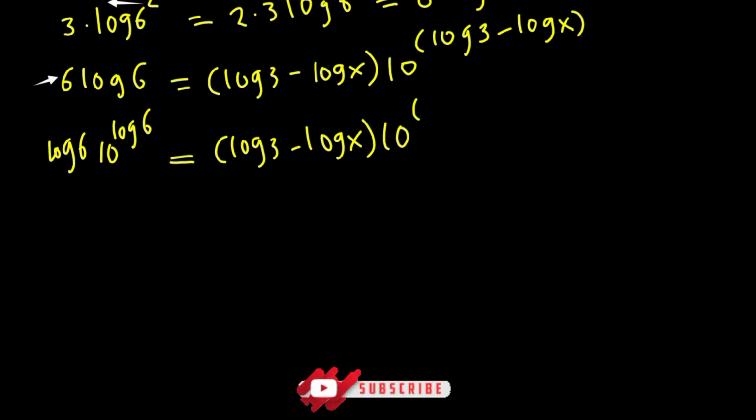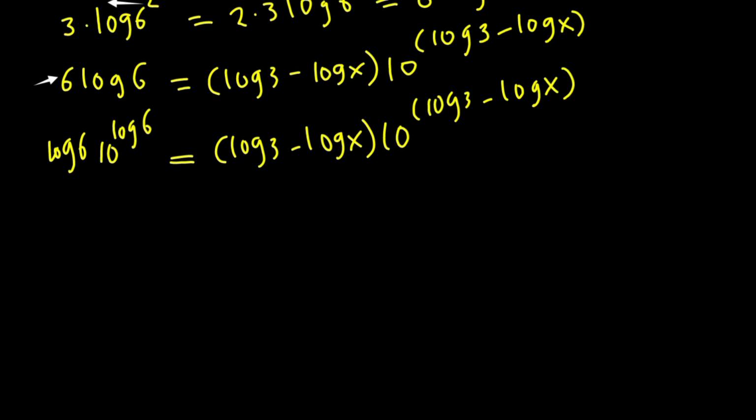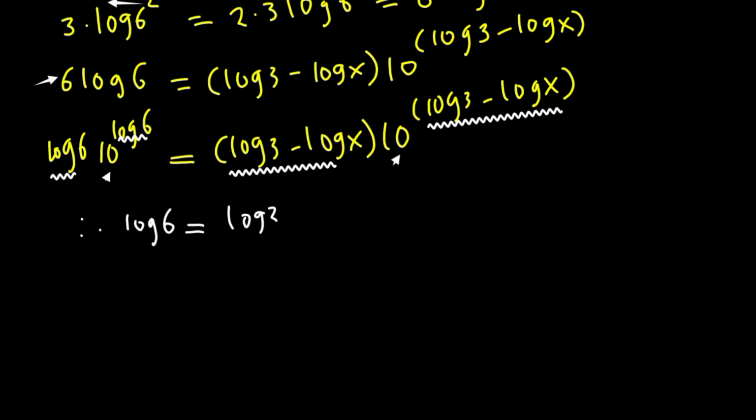And guys, if you notice, the left and the right hand side now have a very identical pattern. Then we have log 6 as the coefficient, log 6 as the power. We have this as coefficient, this as power, and then we have 10 and we have 10. Therefore, we can just make use of a direct comparison and say log 6 must equal log 3 minus log x, and that will give us, by transposition, log x equals log 3.